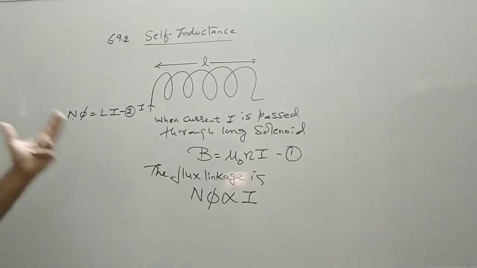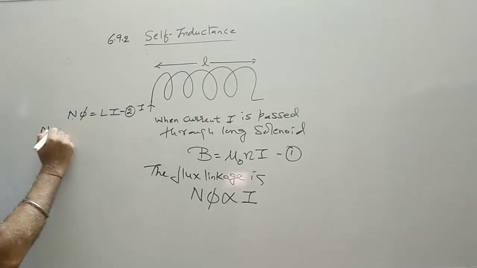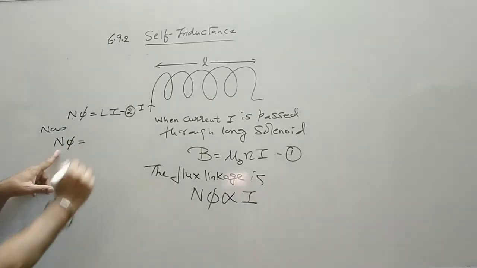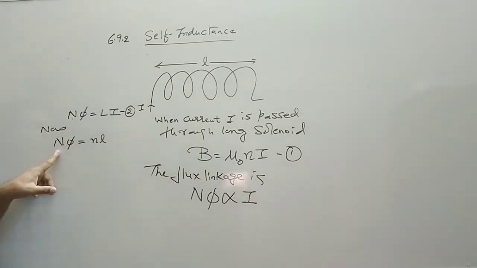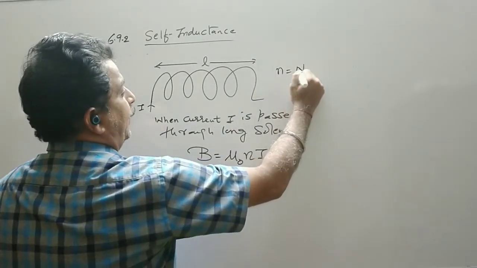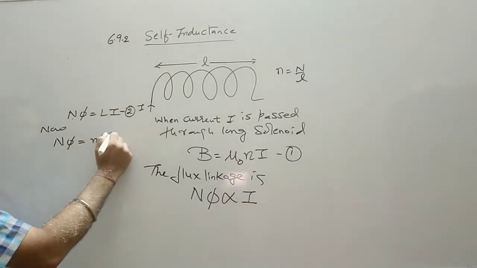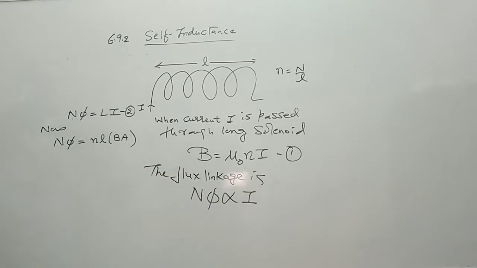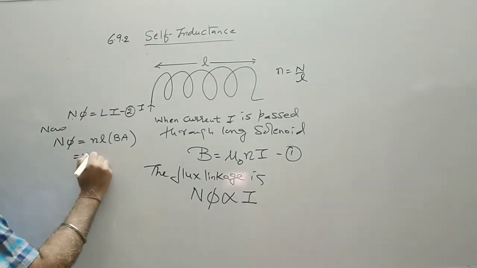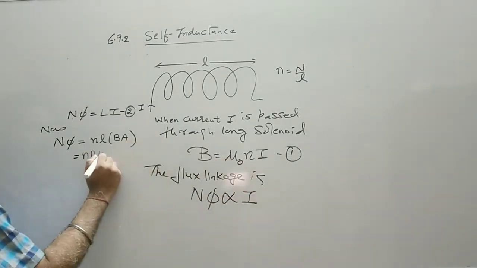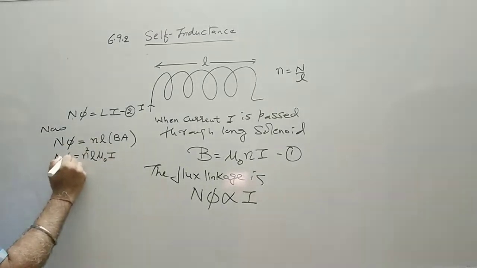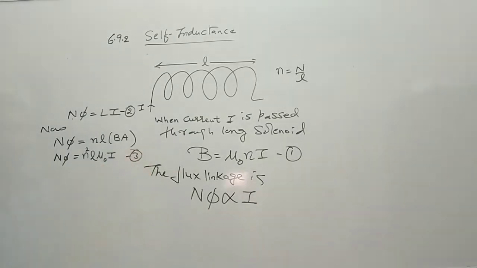So what we did in mutual inductance, now N phi is equal to N into phi, where small n is the number of turns per unit length. Flux can be written as the magnetic field into the area. So this is equal to N L mu naught n, so mu naught n squared I. This is N phi. So equation number 3.